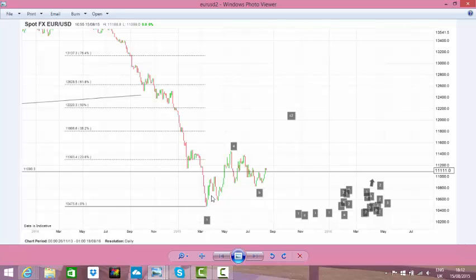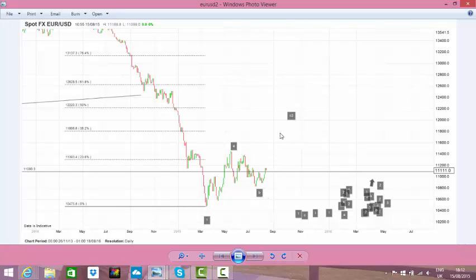If we get an ABC rally off the low of around 104.50, what we've already got is a 3-wave ABC up to form wave A, and through wave ABC form wave B. And what I believe to be the start of a rally into wave 2 in the region of 120, 122.